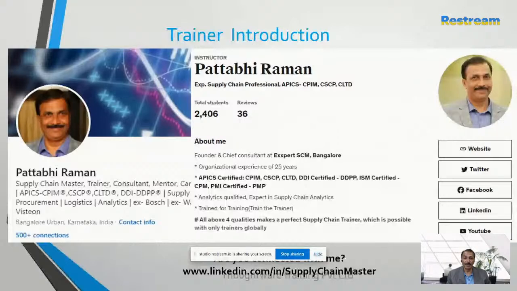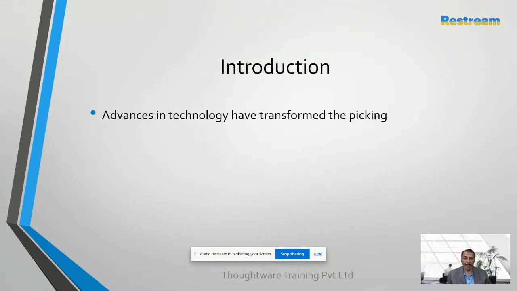Coming to the picking technology, now there are a lot of advances made in the technology, and the way in which picking has changed a lot, especially in e-commerce platforms and q-commerce, where they are supposed to deliver the item quickly.